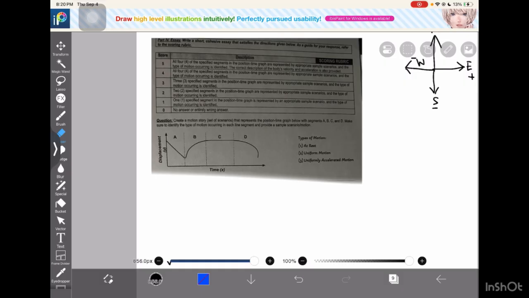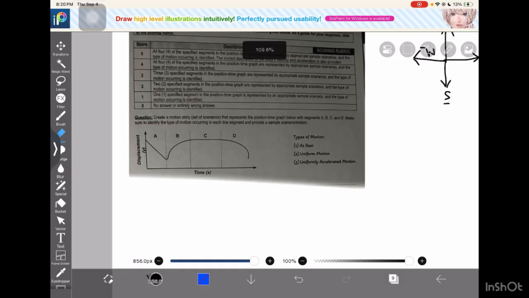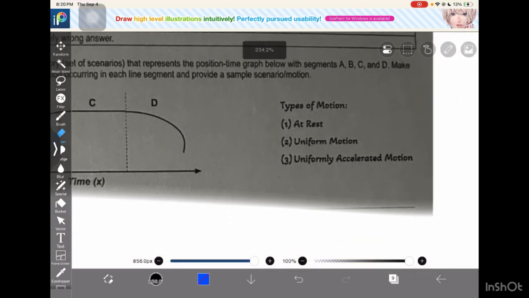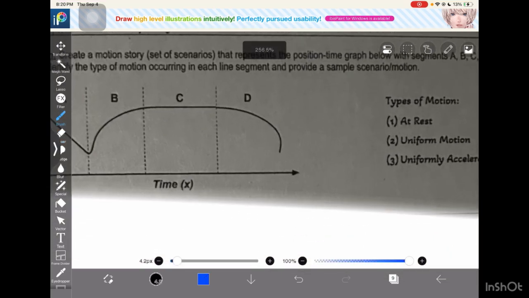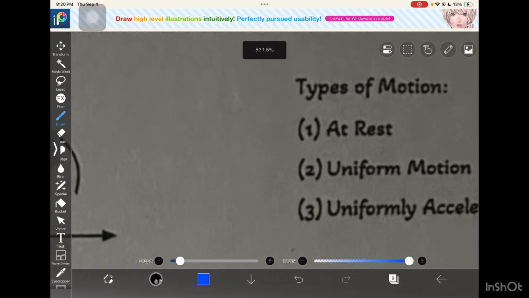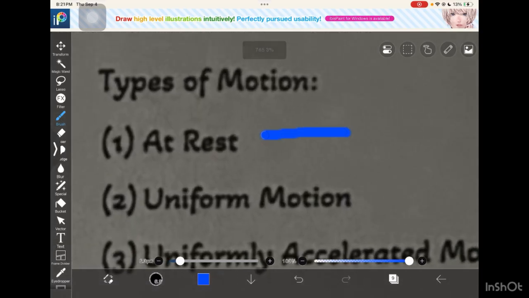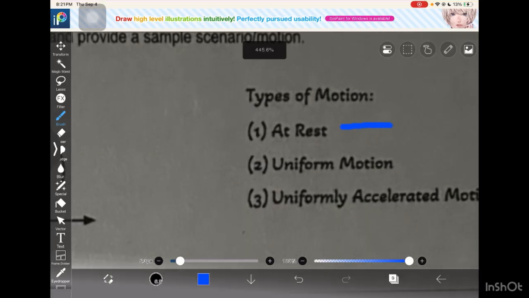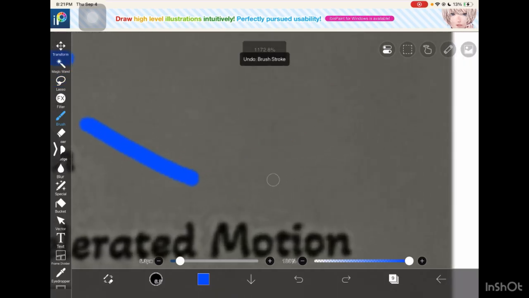So I'll give you a quick guide on how to differentiate at rest, uniform, and UAM. At rest, there's only one case, and the line has to be really straight, dead straight, like that. Uniform motion can either be like this, like these two cases.